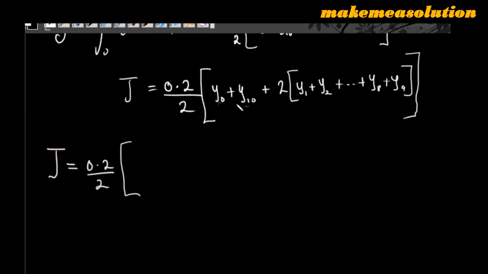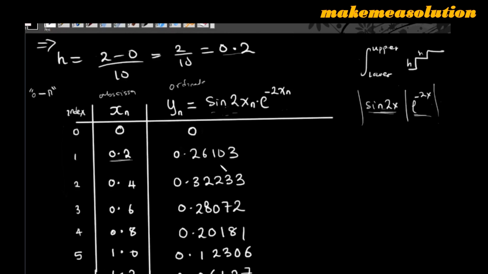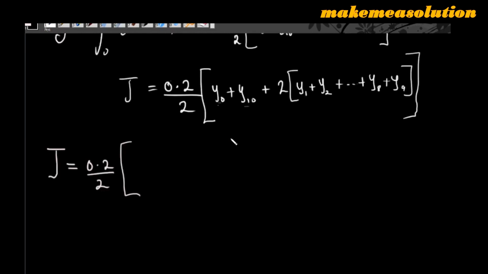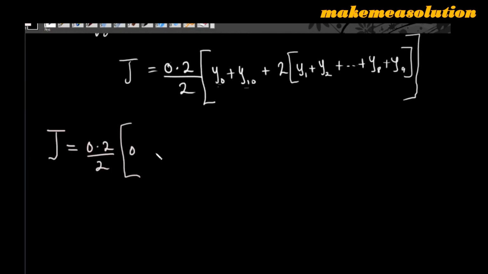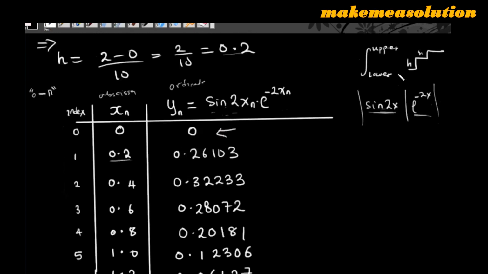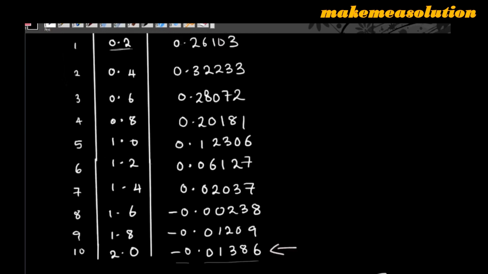Your y naught, the first value on the table, is 0, and y10 is the last value on the table, which is minus 0.01386. Then plus 2 brackets, you're going to sum from y1 to y9. So we're now going to add all these values together inside the bracket.